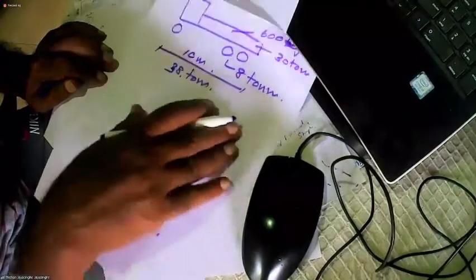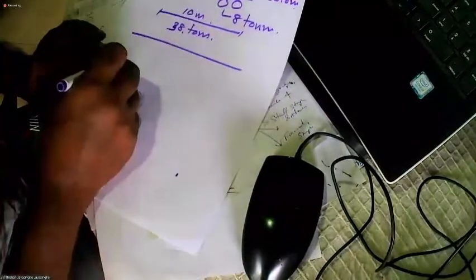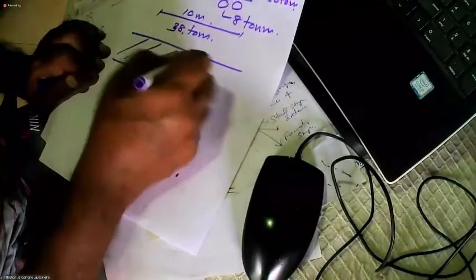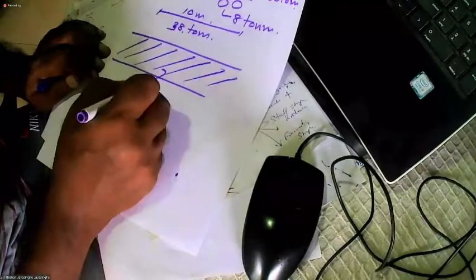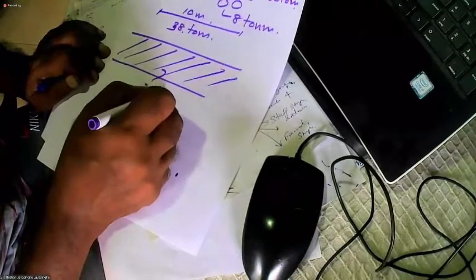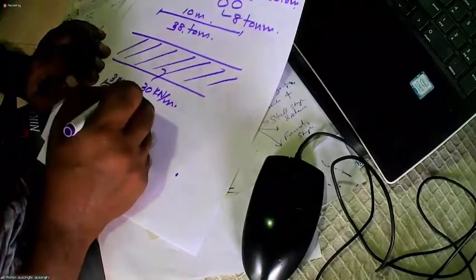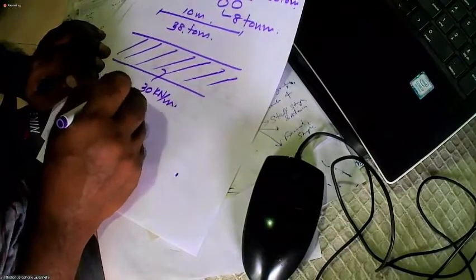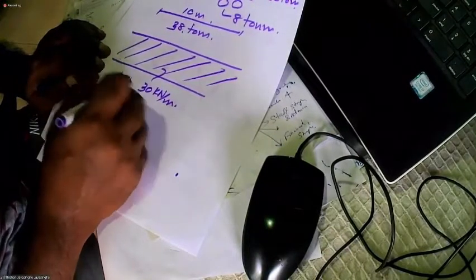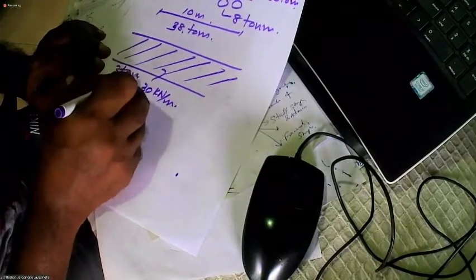Okay? So when you are designing, you design for something like 30 kilonewtons per meter, 3 tons per meter. So over 10 meters, you get 30 tons.